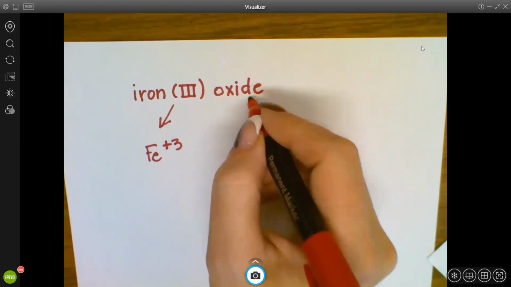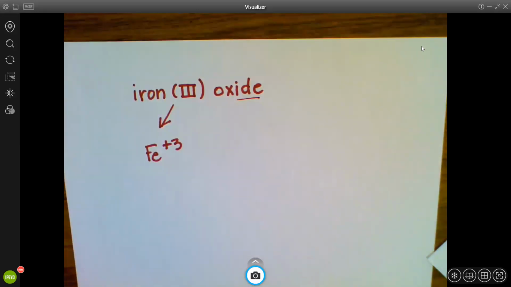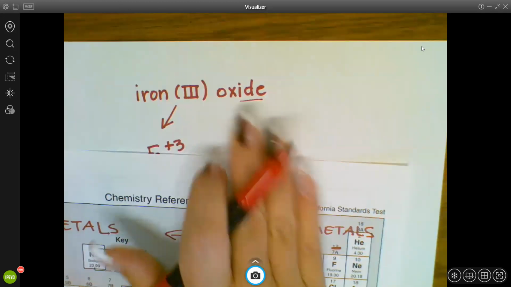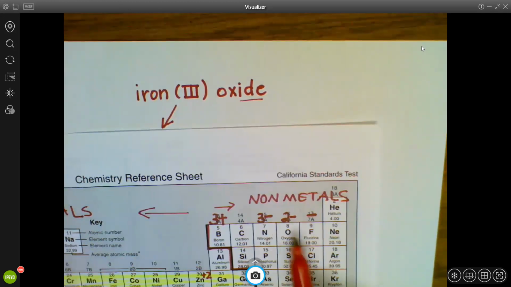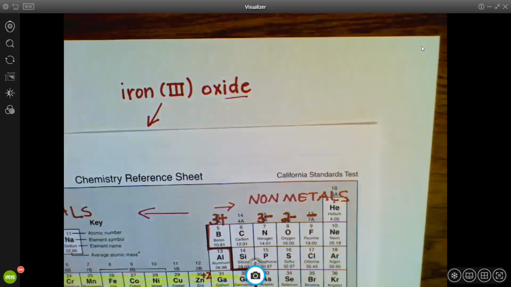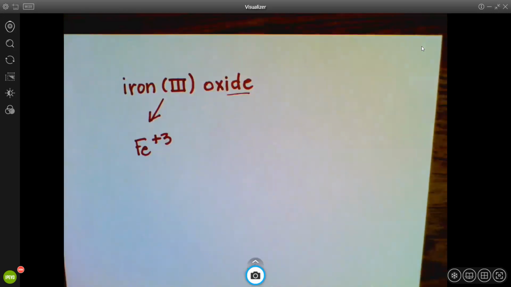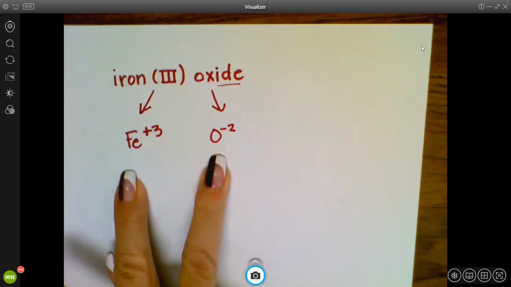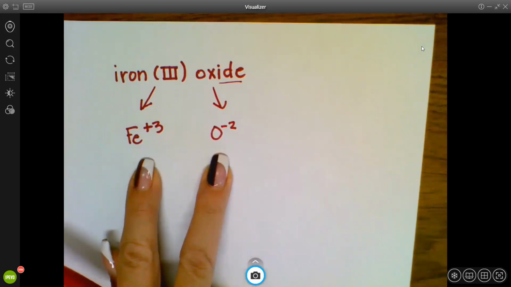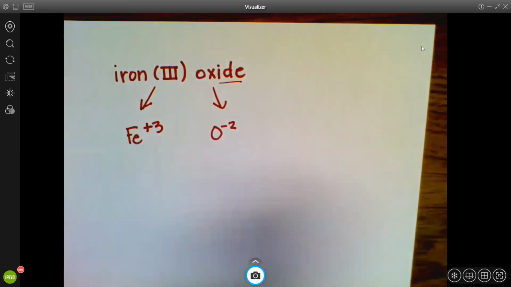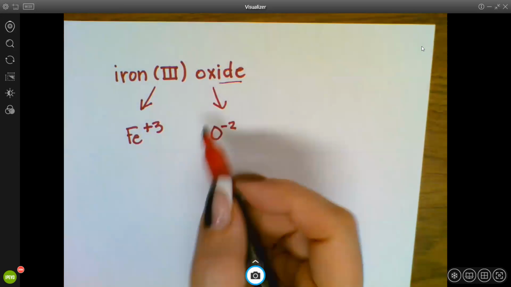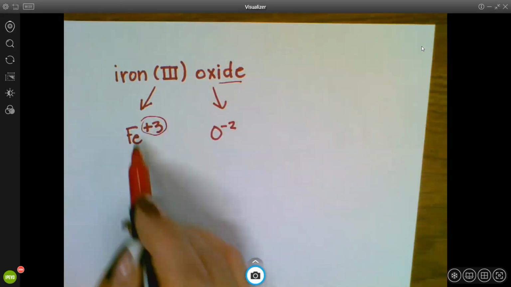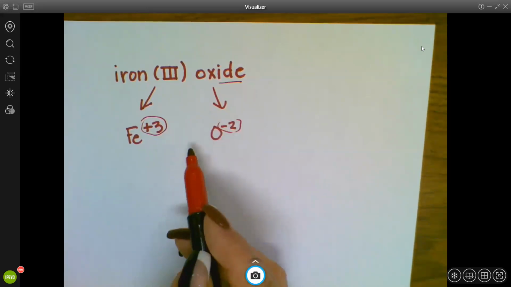And then the oxide, we know that we use IDE endings for things on here. We know that has to be our nonmetal because that word came last. So that's oxygen, which is O, and it always has a -2 charge. So now I know what charges I'm dealing with, and you can then use one of the methods that we learned about before to decide how you're going to put this formula together. So you might visualize it. This is losing 3 electrons. This can only gain 2 electrons.